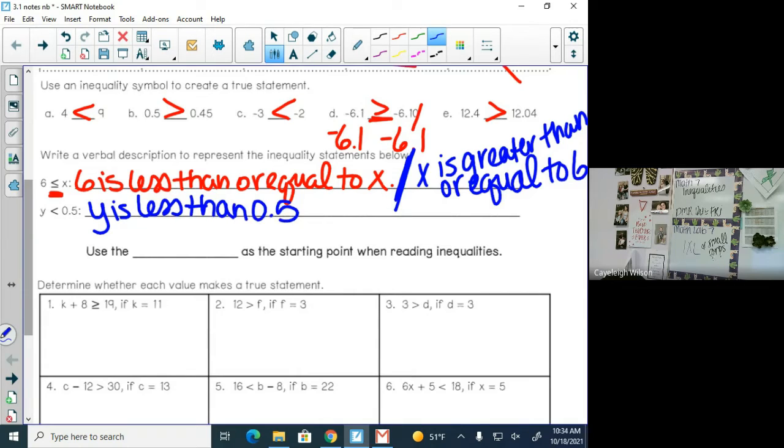You can say one half. Yes. But if you wrote yours backwards, then yours would be like what Brian was saying: 0.5 is greater than y. So either one of those would be perfect.